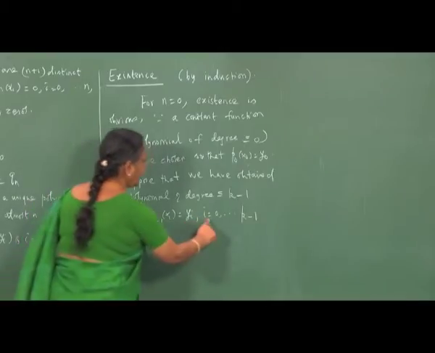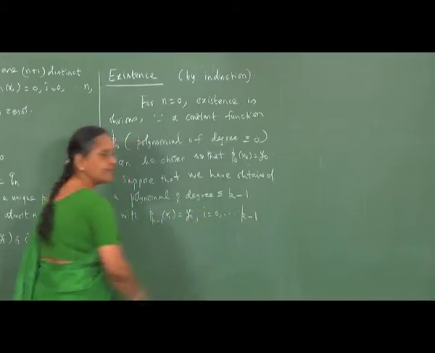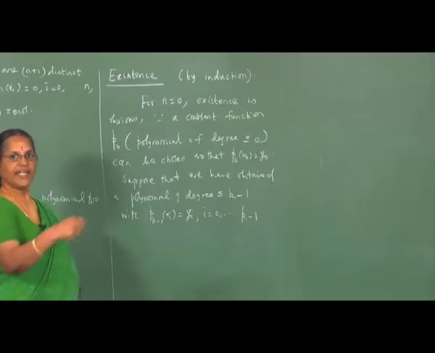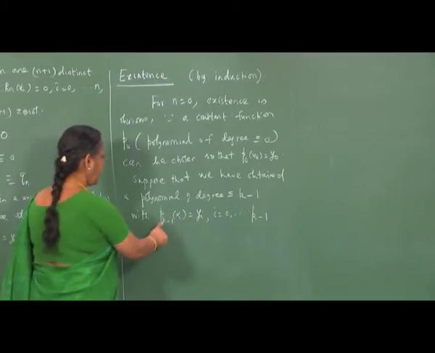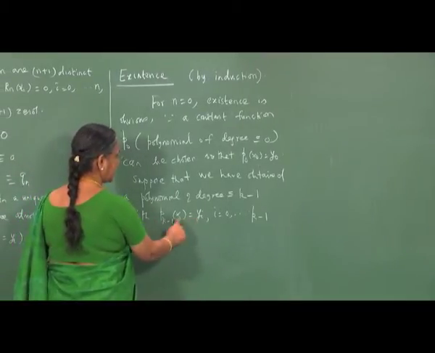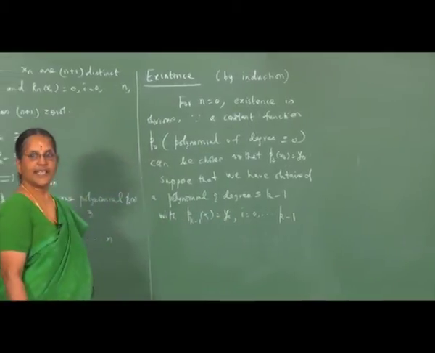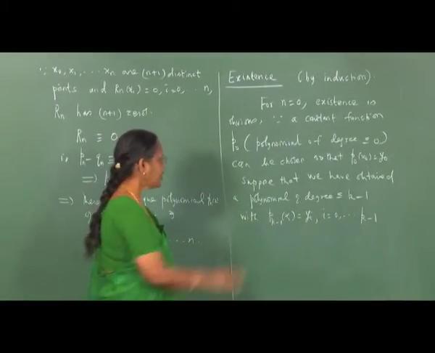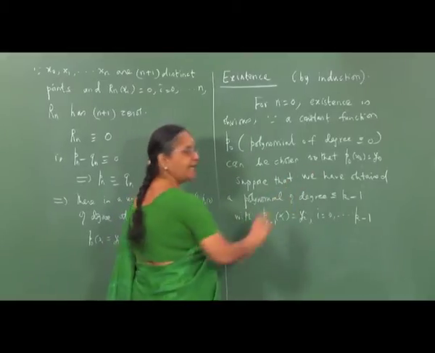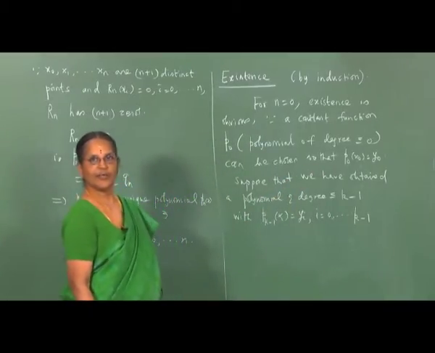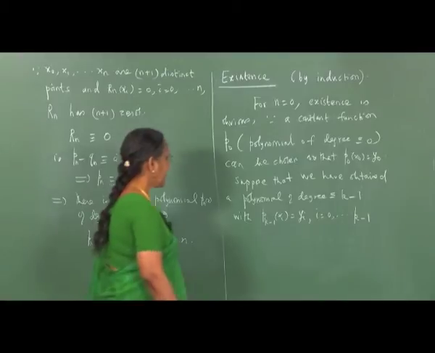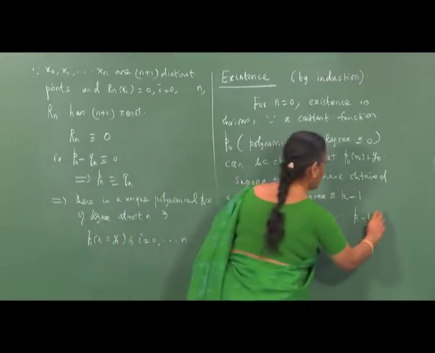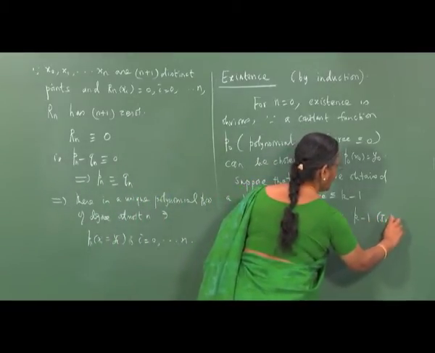So, given information at k points, you can find a polynomial of degree k minus 1 that interpolates at these points xi, yi. So, suppose that we have already obtained a polynomial of degree less than or equal to k minus 1 satisfying this property. So, this is our induction hypothesis.